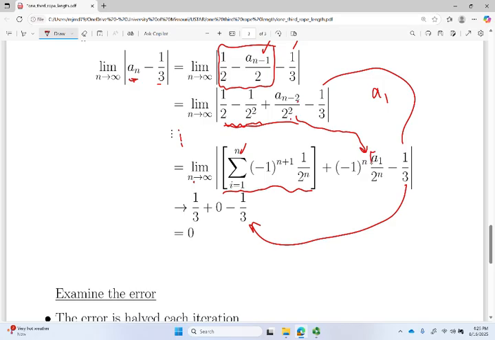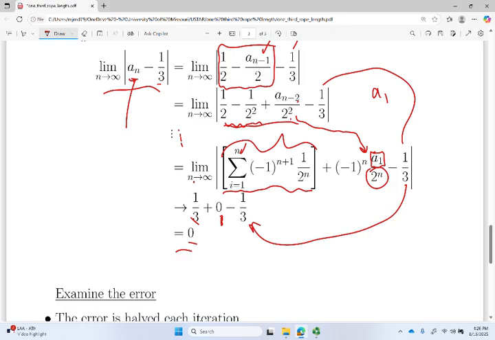Since this is a fixed value, our initial guess, and it's being blown up by this number, it goes to 0. And then you can easily show that that is 1/3, that it limits to 1/3. So this quantity does limit to 0, which shows that a_n limits to 1/3.